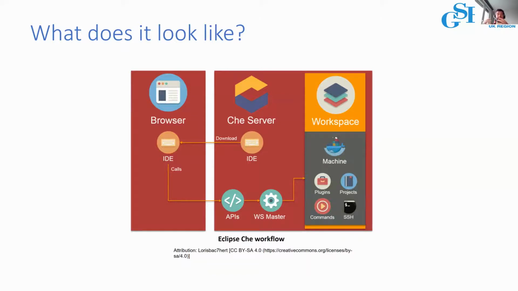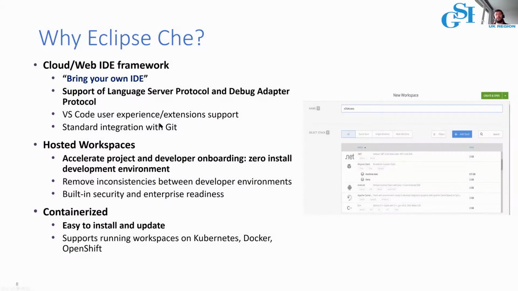He can build this workspace from the predefined ones that are already there within Che, or he can customize it and build the one he really needs for his specific needs. Che is one of the latest technology edges and has huge potential for the future.